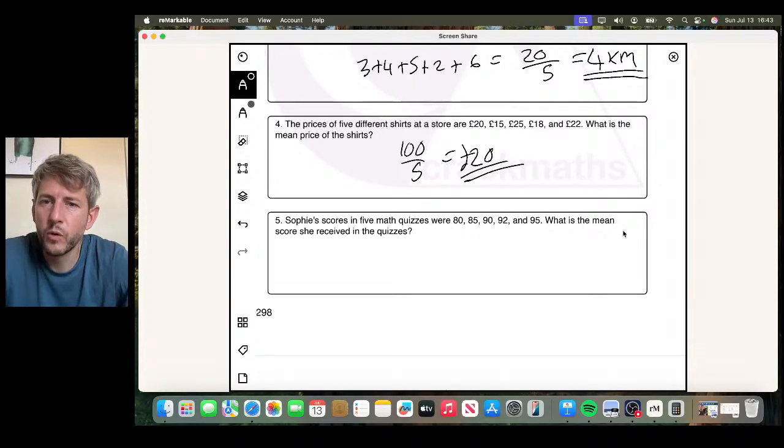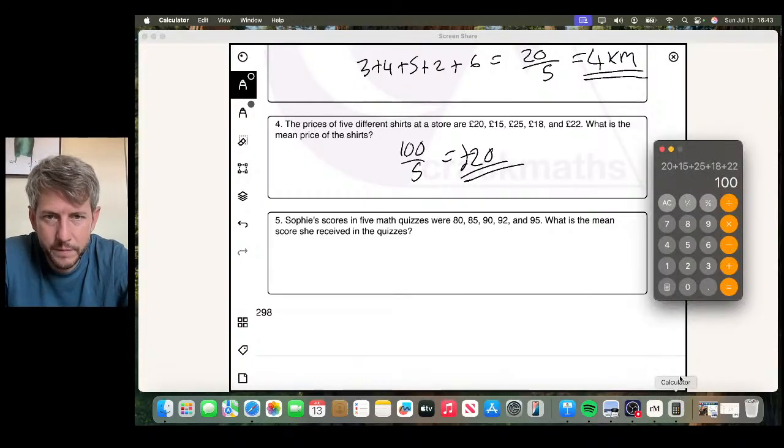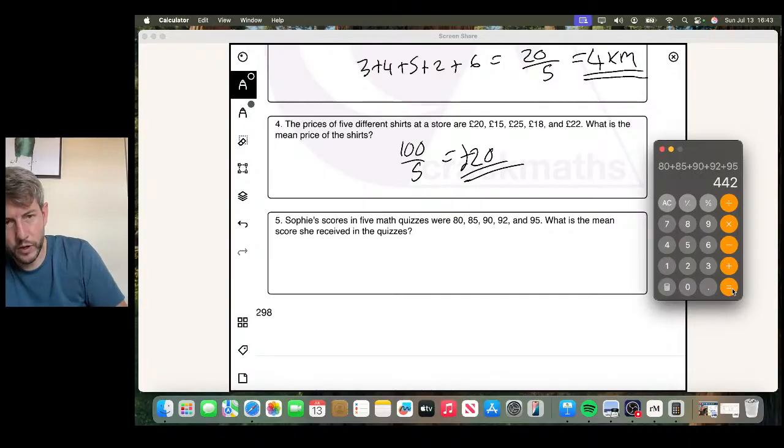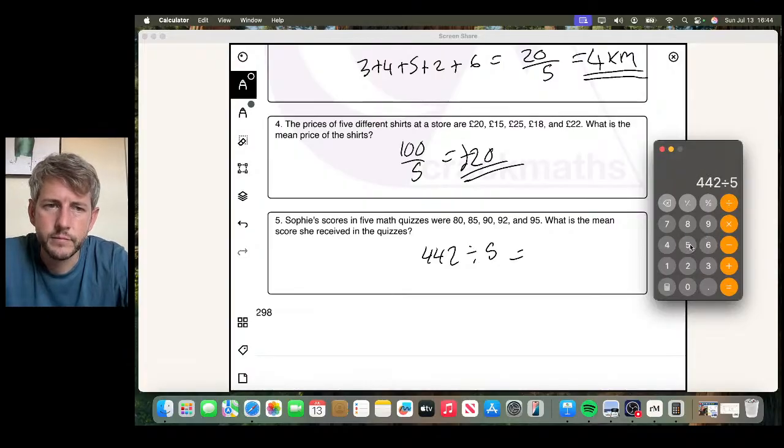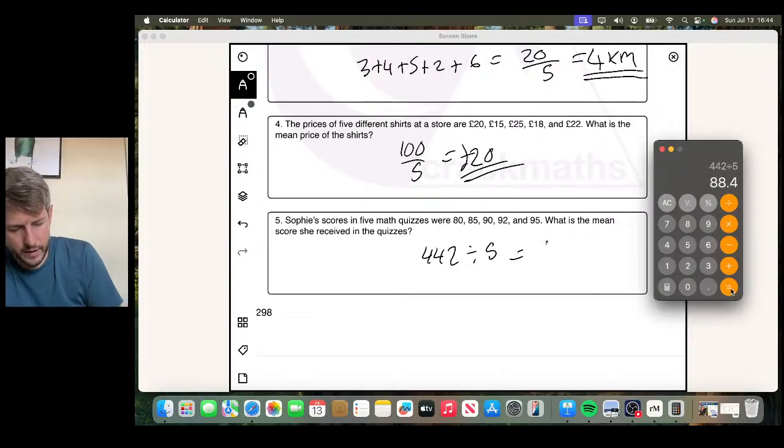What is the mean score she received in the quizzes? Let's just add these together: 80, add 85, add 90, add 92, add 95. She just got gradually better amongst them, didn't she? That equals 442 divided by 5, which is 88.4.